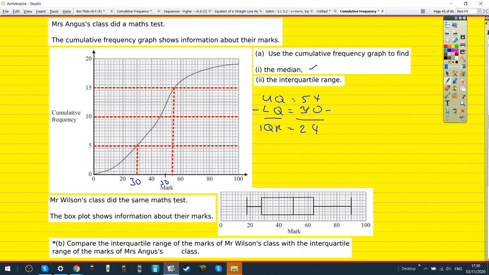And what did we say the median was for this one? I don't remember. Looks like it's about 45 or something.